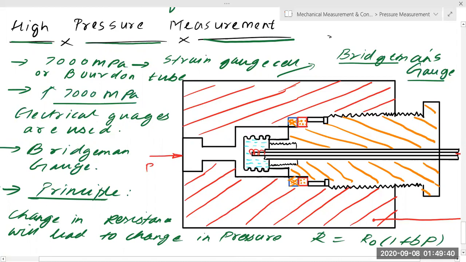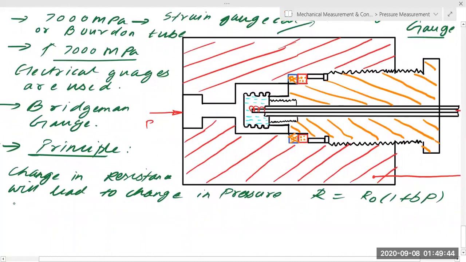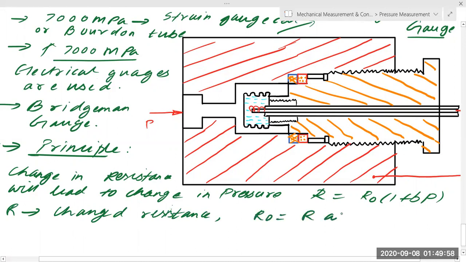Now I'll explain what these terms are. R is the changed resistance of the Bridgman gauge. R naught is the resistance at atmospheric pressure, or room temperature, but since you are using pressure it will be taken at atmospheric pressure.